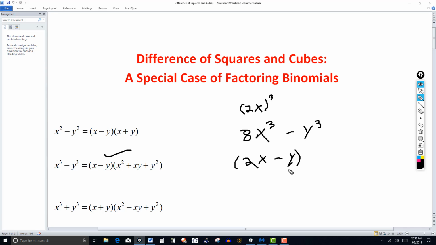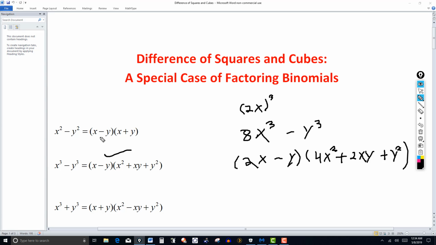And the second factor you get from the first is just the square of whatever this first term is. The square of 2x is 4x squared. And then the sign changes here, minus to plus. Then it's the product of those two, that's 2xy, and then plus the square of the second root. So that's how that formula works.